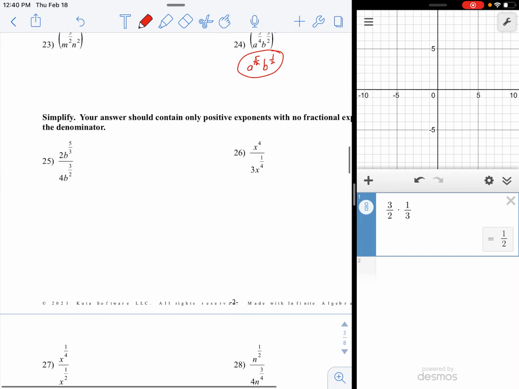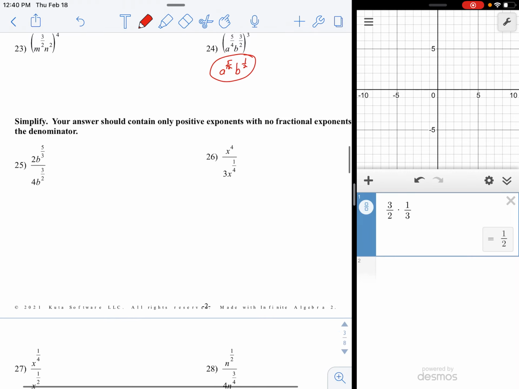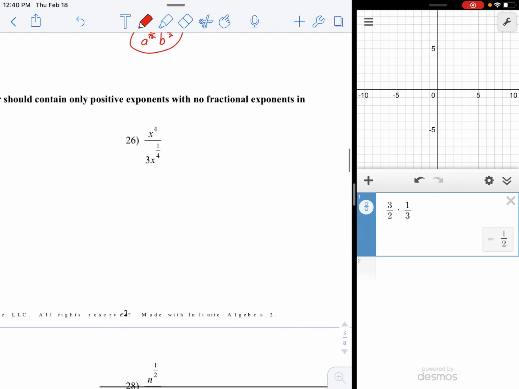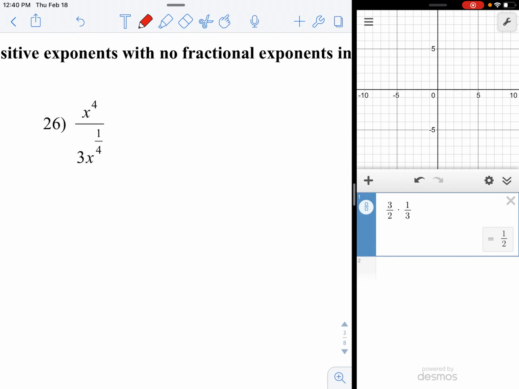All right. New set, simplify. Your answer should contain only positive exponents with no fractional exponents in the denominator. So again, when you have like bases, you are supposed to subtract the powers. Now this 3 doesn't have anything to simplify with, so whatever happens, I'm still going to have a 3 in the bottom of that fraction.